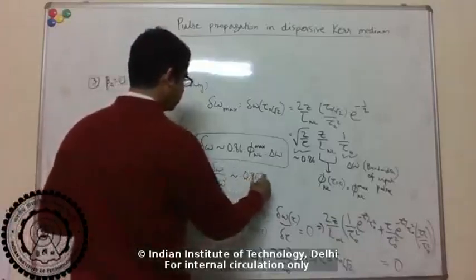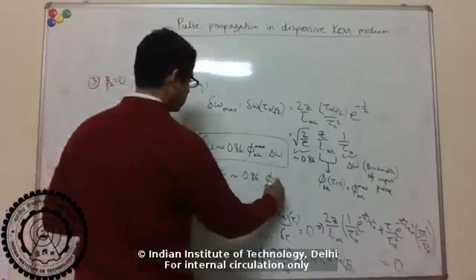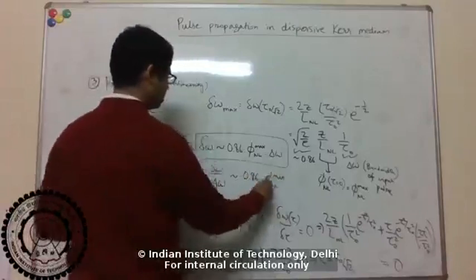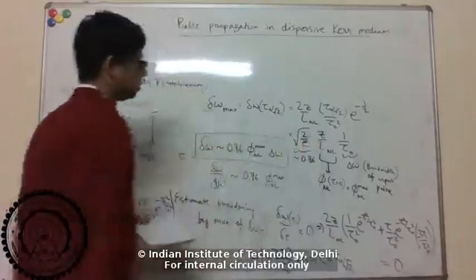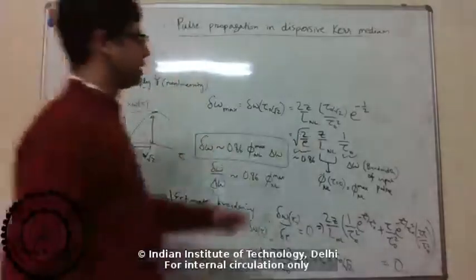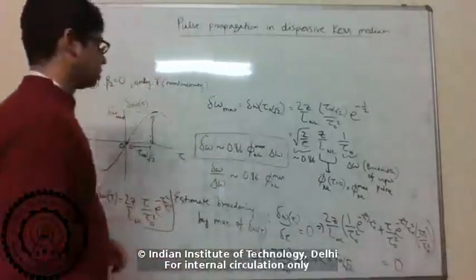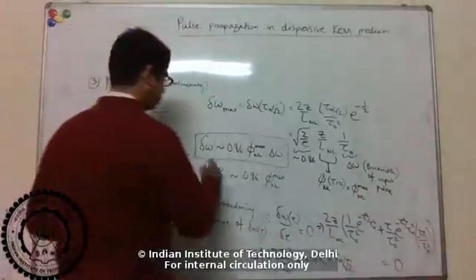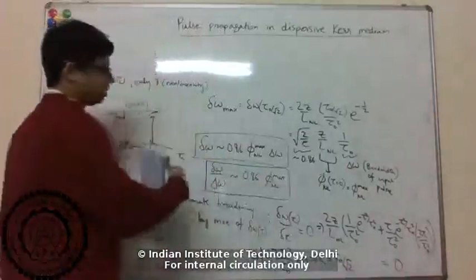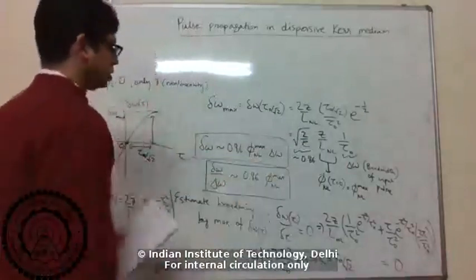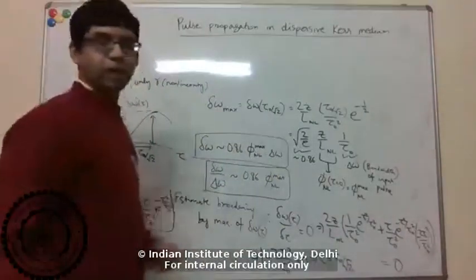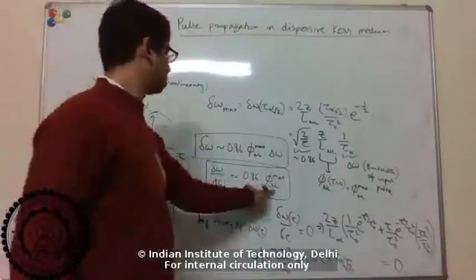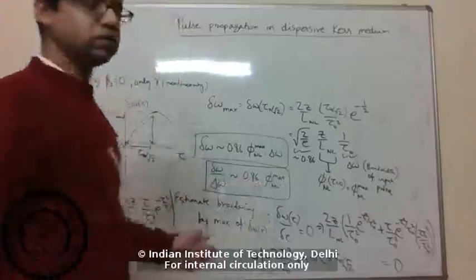The fractional broadening is proportional to the maximum nonlinear phase shift, which is the propagation distance over the nonlinear length. So how much the spectrum broadens as a fraction of my input bandwidth is just proportional to the nonlinear phase shift.